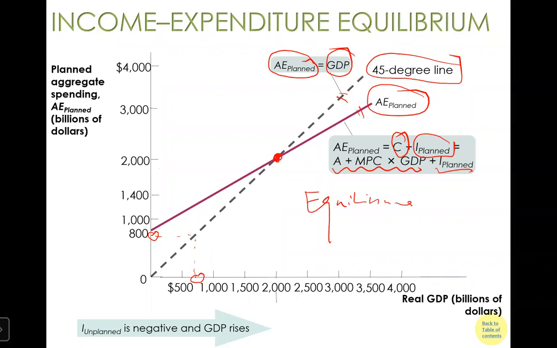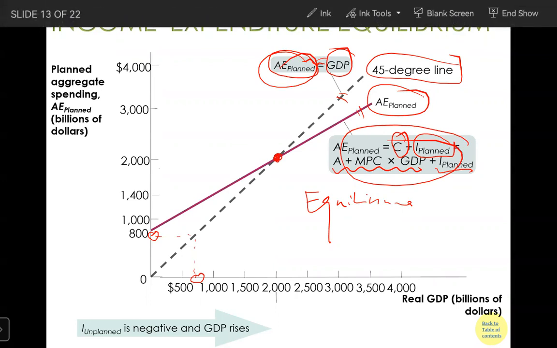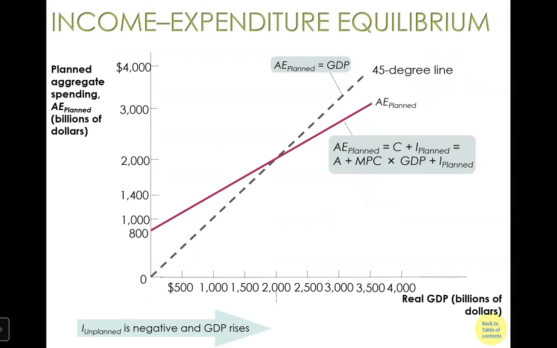Because these are equal to each other, and also this AE is given by here. So this is how we define this equilibrium. Now, next step, we are going to study graphically what will happen if we are not at this star, right?